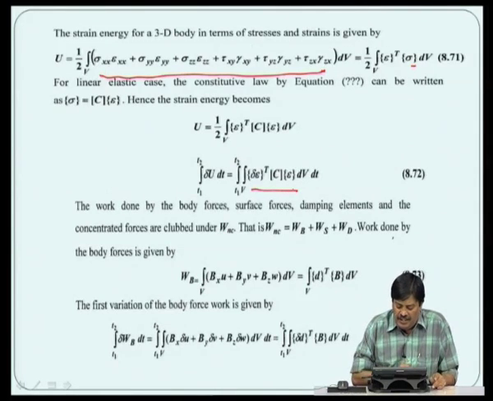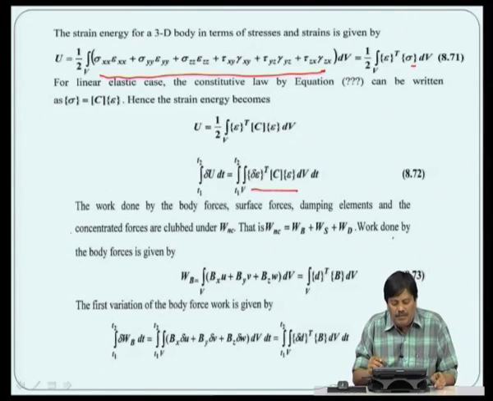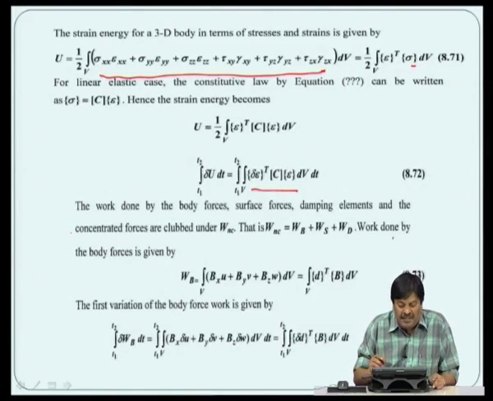Now, we take the work done by the non-conservative forces, which can be split up into 3 different forces, one due to body force, one due to surface force acting on the surface, and one due to damping force. So, now work done by the body force is Bx into u, By into v, and Bz into w, and it is a volume integral because Bx, By, Bz are all force per unit volume.